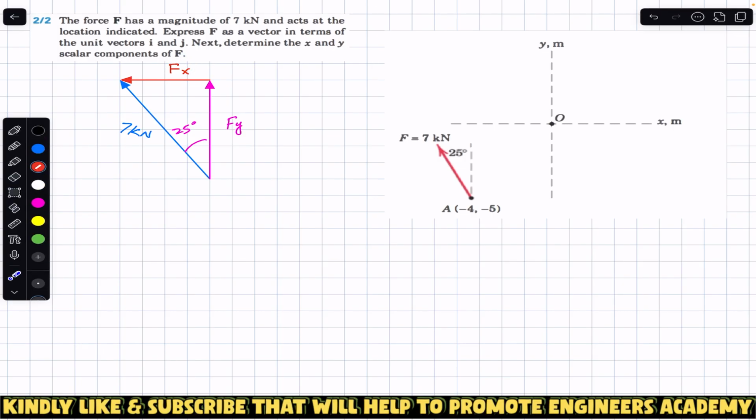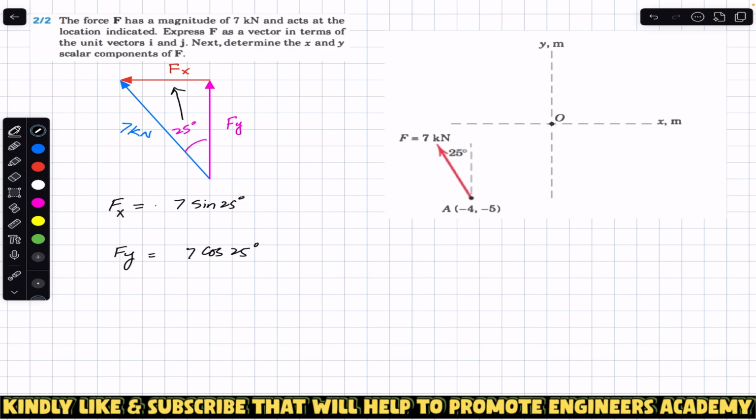F_x is equal to 7 kilonewton sine of 25 degrees, because F_x is opposite to the angle. And similarly, F_y is equal to 7 cos of 25, because F_y is adjacent to the angle, and the angle is made with F_y.